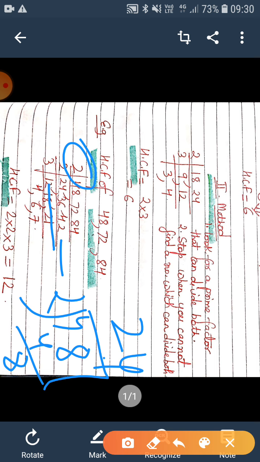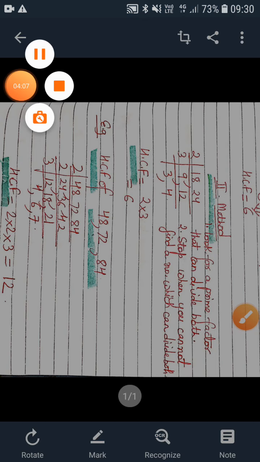The quotients we are writing here are 4, 6 and 7. Now in the last step, can you find a number which can divide 4, 6 and 7 together? No, we cannot find. So we have to stop at this stage, and the HCF will be 2 multiplied by 2 multiplied by 3, that is 12. So we have discussed some methods of finding the HCF of numbers.